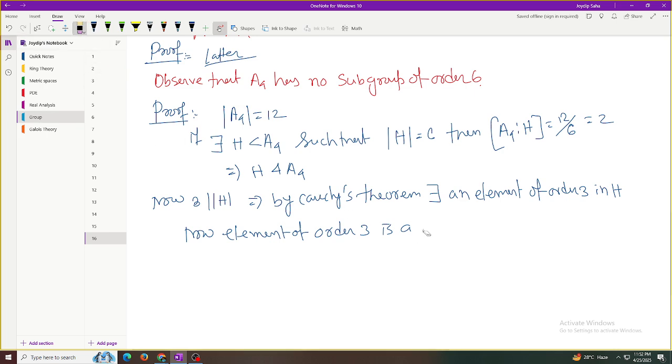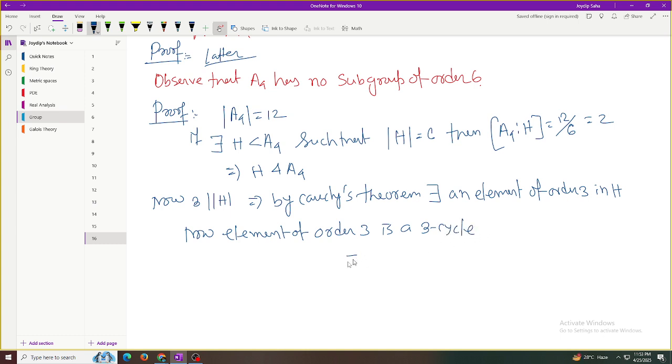It is a 3-cycle because if n is greater than or equal to 6, then a product of disjoint 3-cycles may be possible, but there is no such possibility here, it is only A4. So an element of order 3 is a 3-cycle.